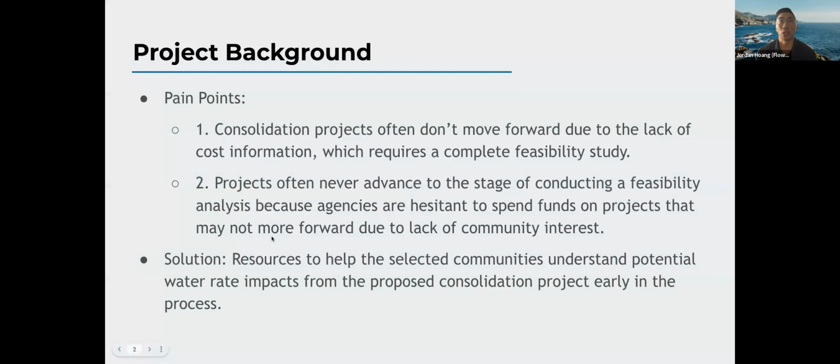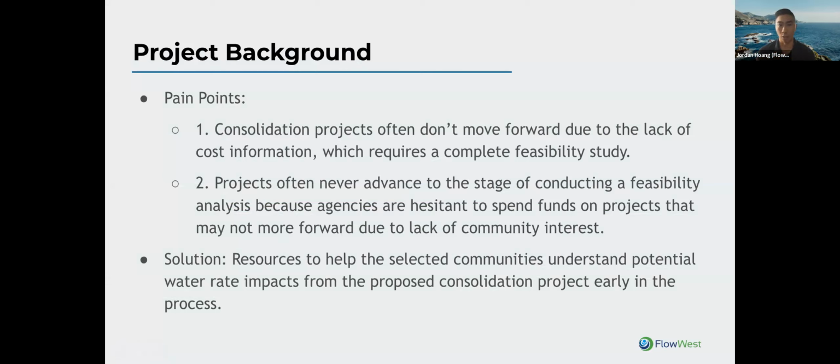The pain points I mentioned, and I'm sure y'all are very familiar with it, are that one common reason consolidation and regionalization projects don't move forward is a lack of important information about how they would affect water rates and costs.